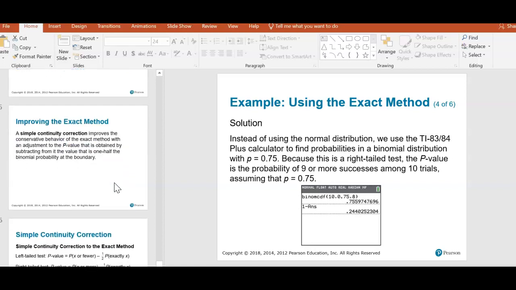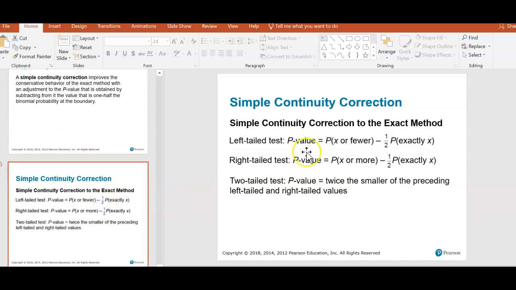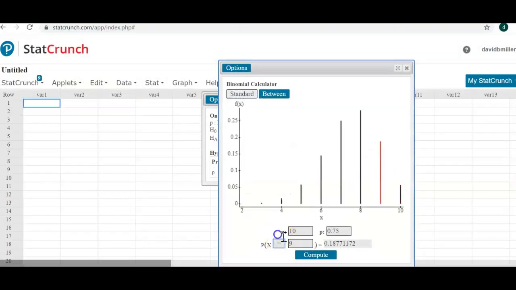I don't think we'll do a whole lot with exact methods. They have a method in here for slightly improving this method, where on a right-tailed test like we just did, you do the probability of 9 or more like we did, and then subtract 1/2 the probability of getting exactly 9. So in that case, we would subtract half of this number.